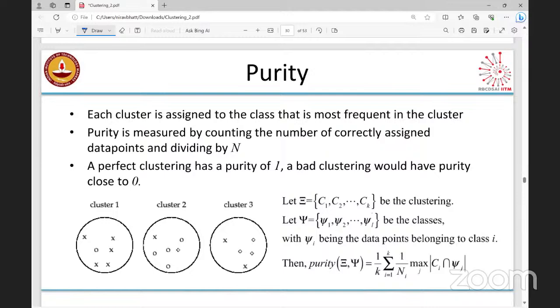If there are k clusters and there are L classes, where a data point belongs to class i, then the purity is defined by this particular formula, and it looks at how many points are assigned to the right cluster.